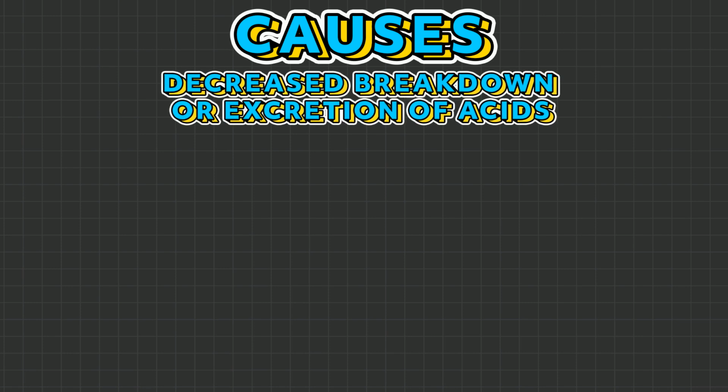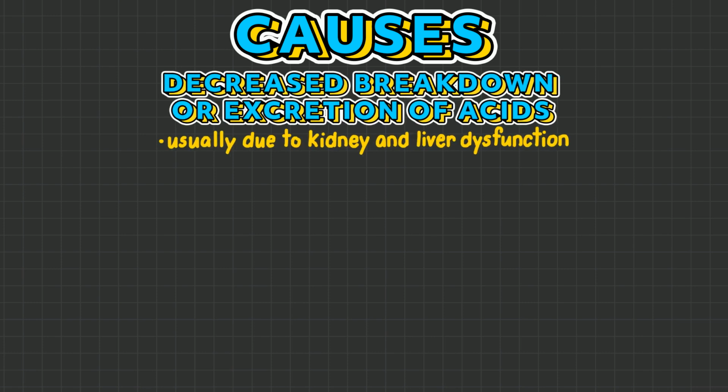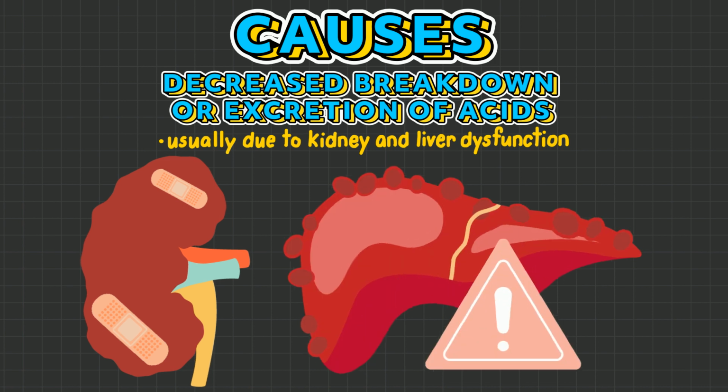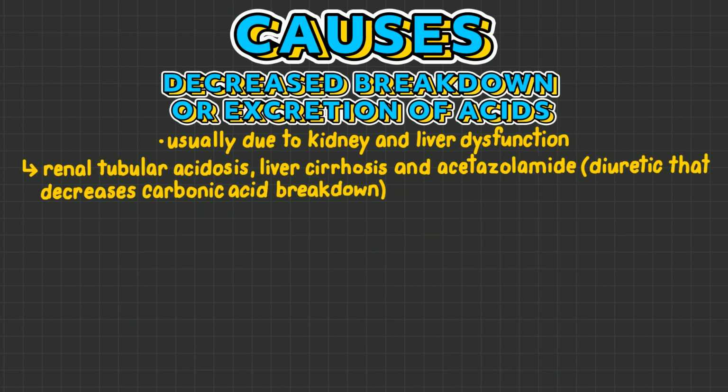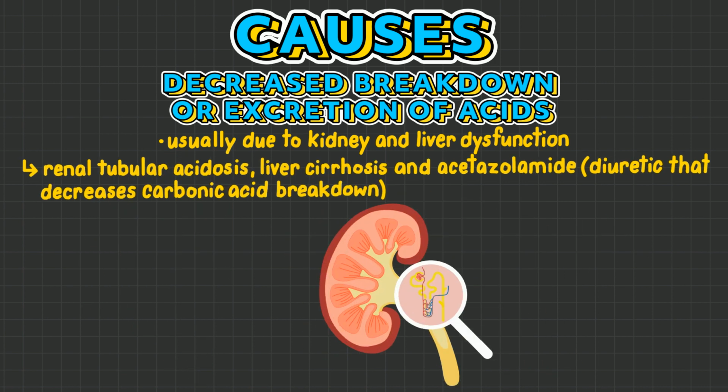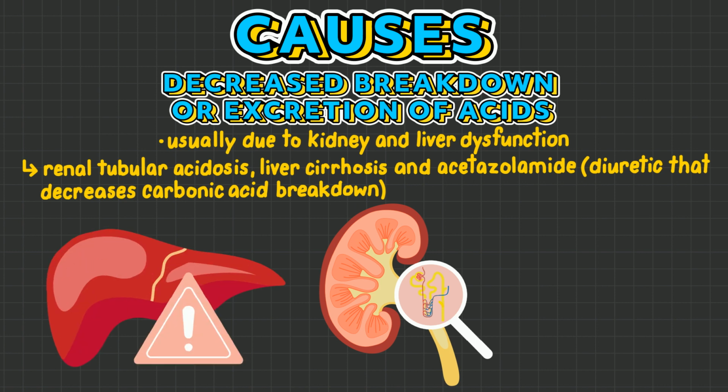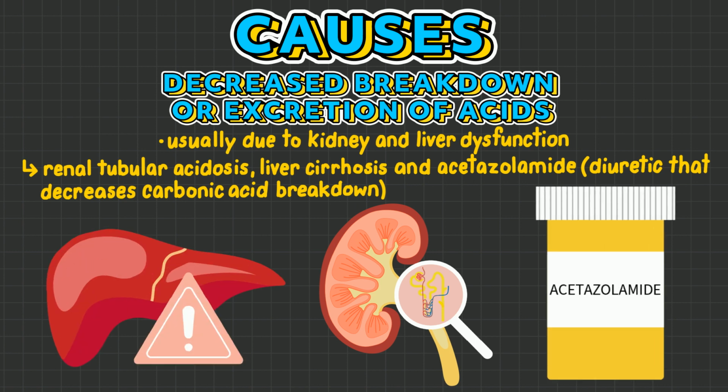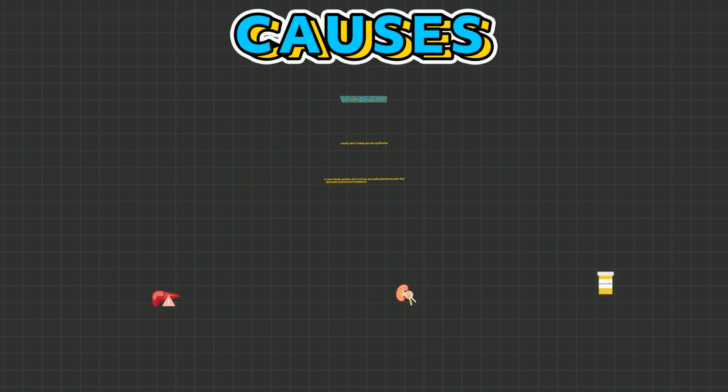Metabolic acidosis caused by a decrease in excretion or breakdown of acids is usually a result of kidney and liver dysfunction. This includes renal tubular acidosis, liver cirrhosis, and acetazolamide, a potassium-sparing diuretic which decreases carbonic acid breakdown.